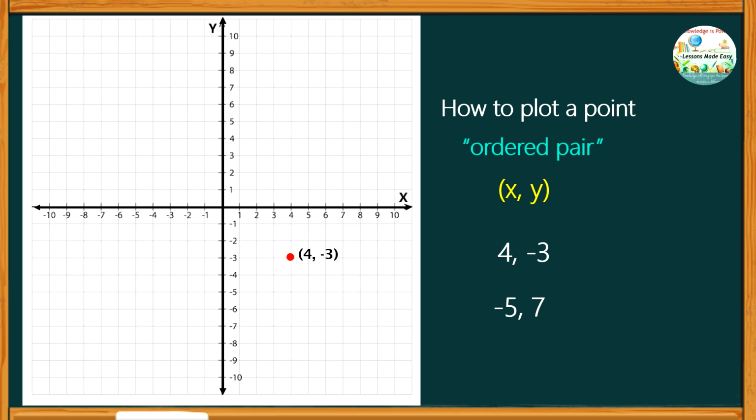The second number goes along the y-axis. And since it is a positive integer, we start counting from 0 going up to 7 units. We go 1, 2, 3, 4, 5, 6, and 7. Then we plot the point where this ordered pair meets, and it is right here.